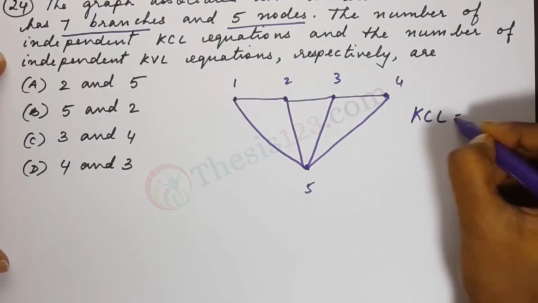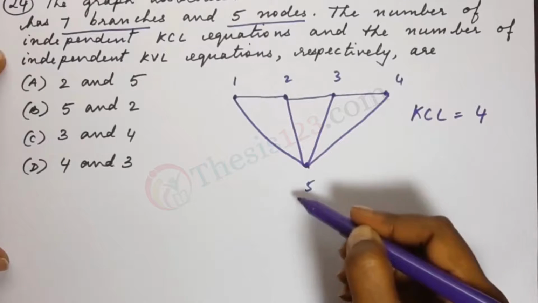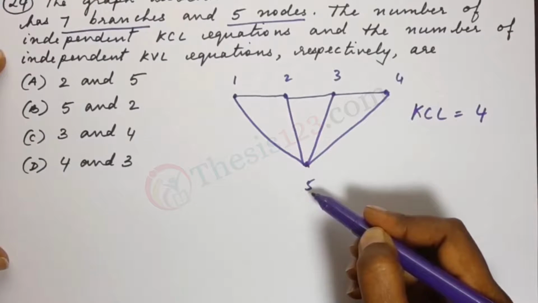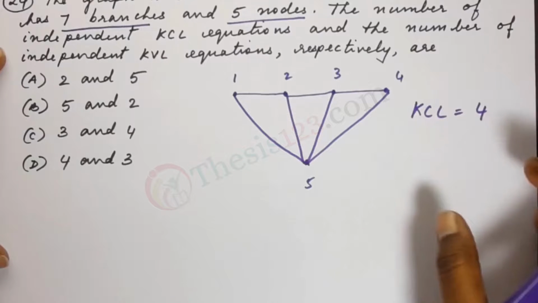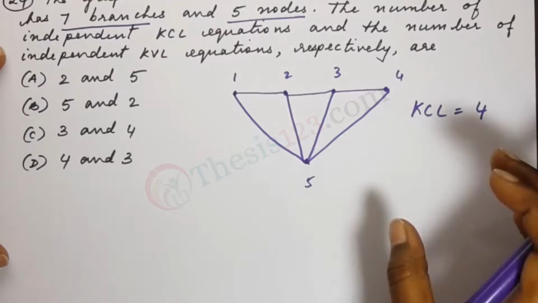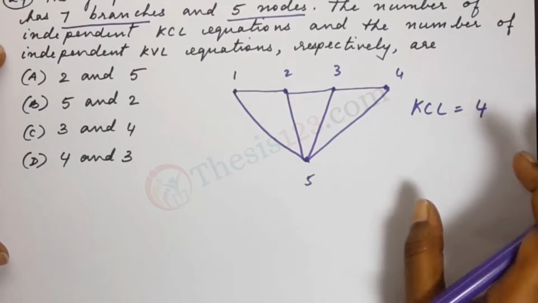So KCL would be equal to 4. So that's 1 less than the total number of nodes that are there. So this is just an example. I'm not giving you a standard formula yet. I'm just explaining in terms of a random example.